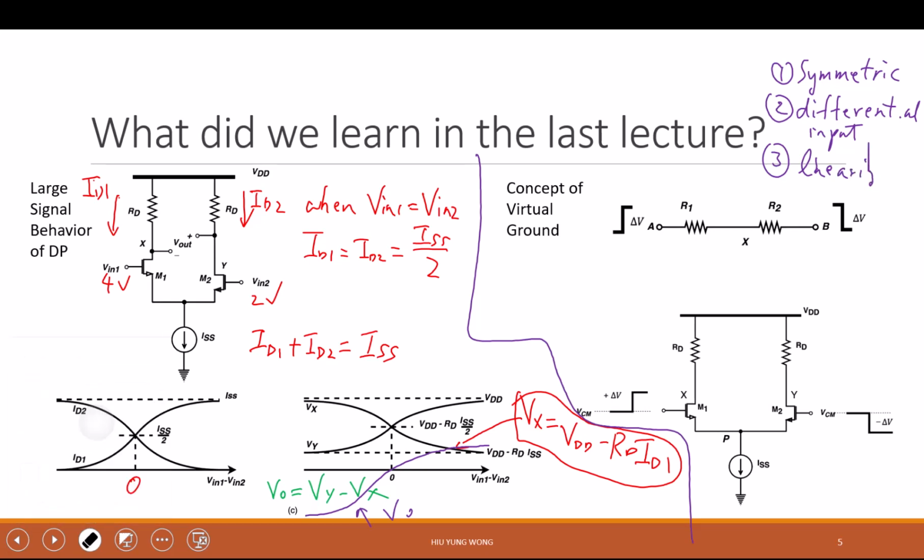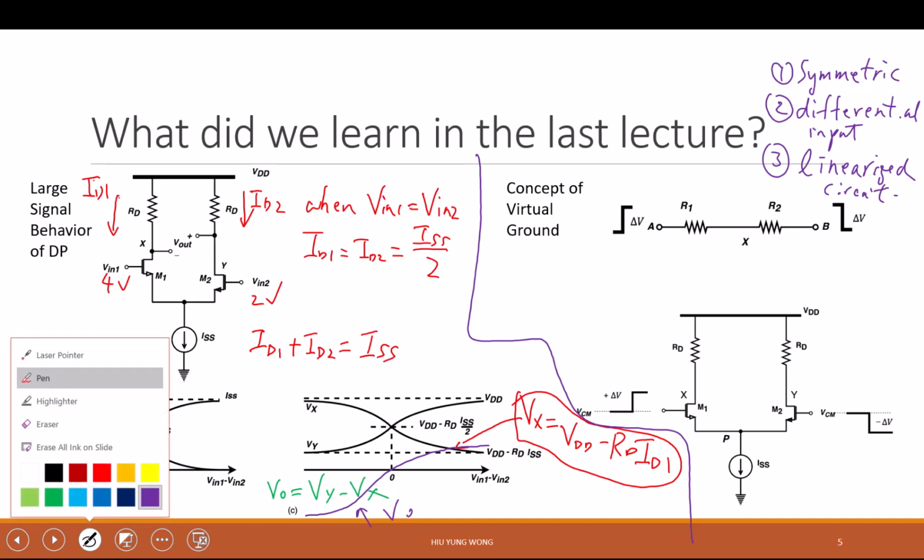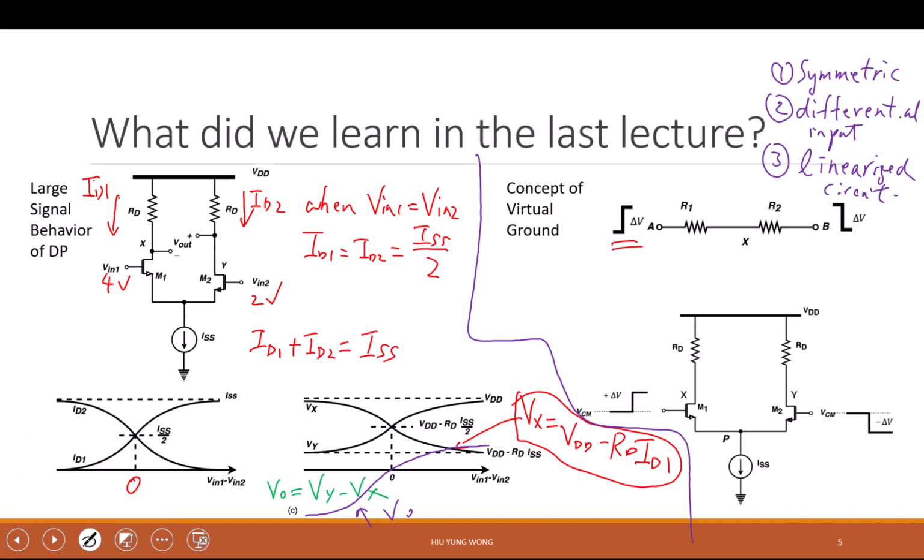Which is always correct in this class because that is our goal, but it will not always be linearized, same as when you design your circuit, right? So we will not prove it again. We proved it last time, but then we look at this one. We say this one goes up and this one goes down by the same amount.